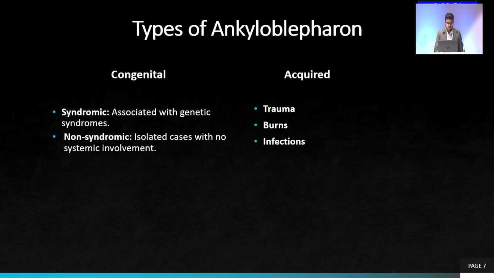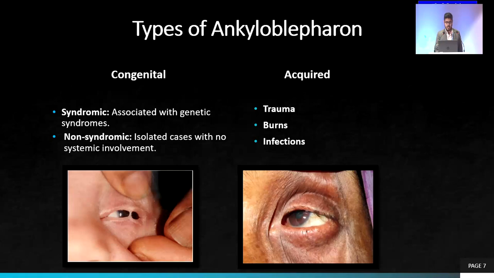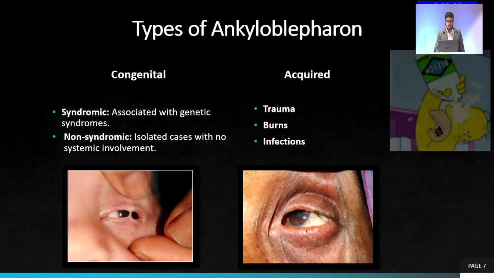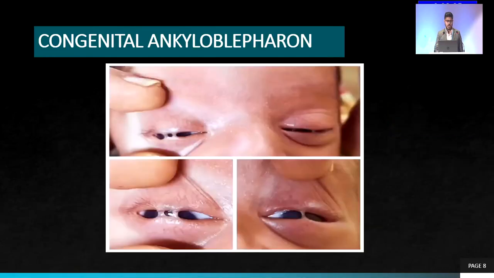Grossly, they can be divided into congenital or acquired cases. Congenital present at birth and may have syndromic or non-syndromic associations, whereas acquired cases present late in life and may be caused due to trauma, burns, or ocular infections. I will be presenting 4 cases of various etiologies.